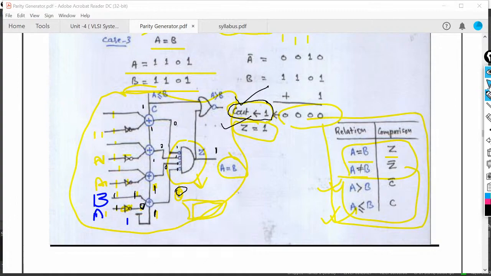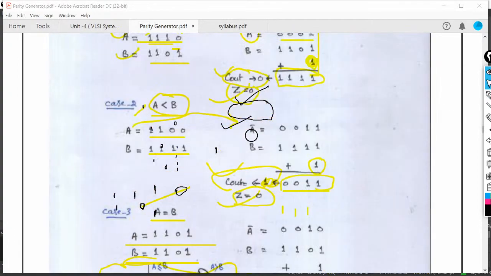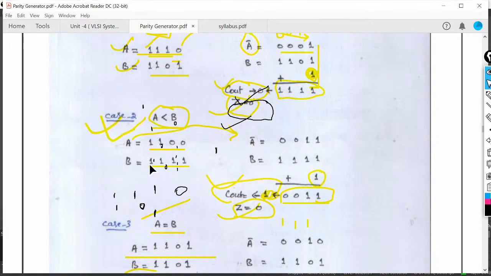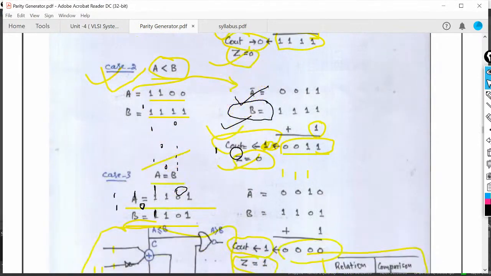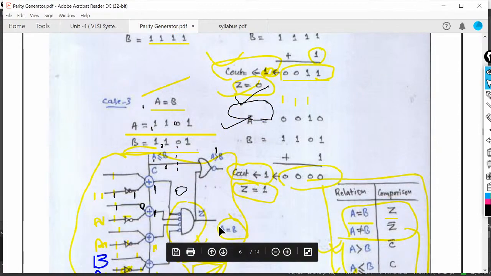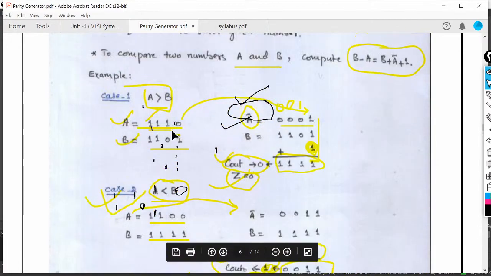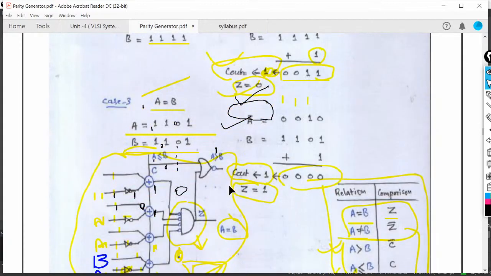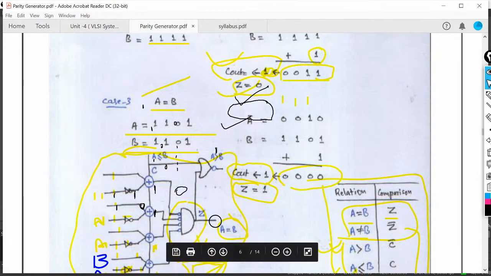Same case, if you check this gate level design by taking the second case, at that time you will get the carry out equals 1 and you will get Z equals 0. And when you put any practical number where A is greater than B, at that time you will get C out equals 0 and Z equals 0.